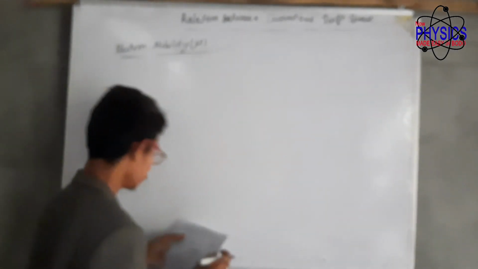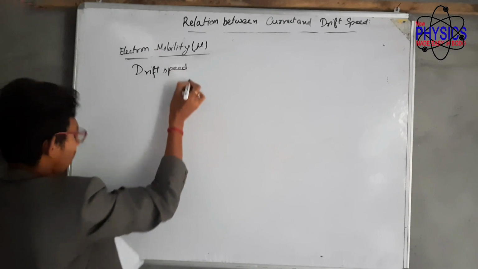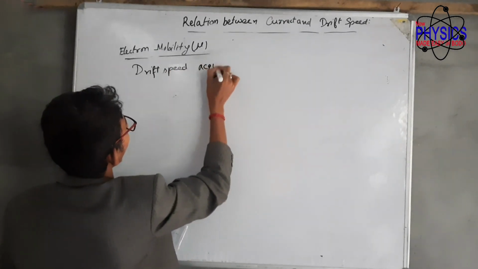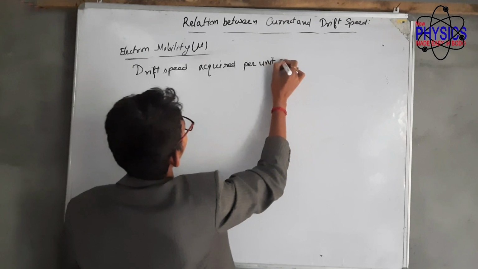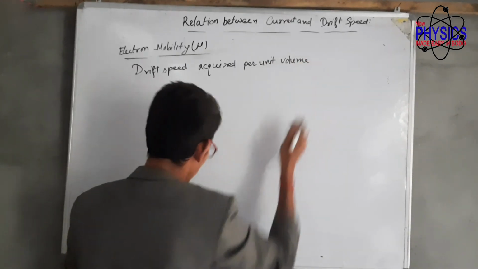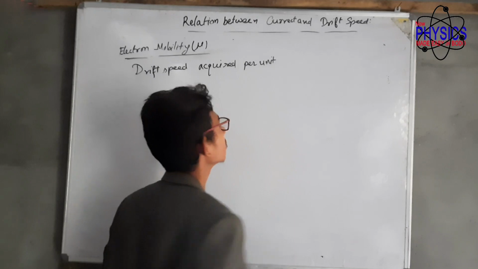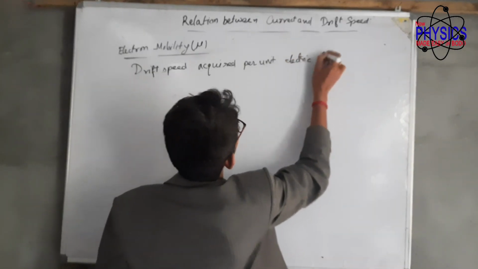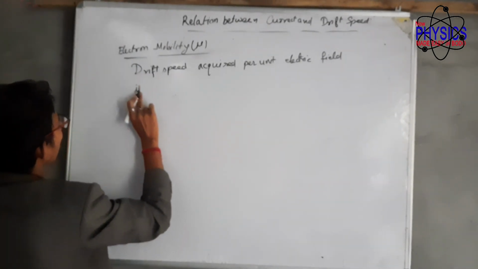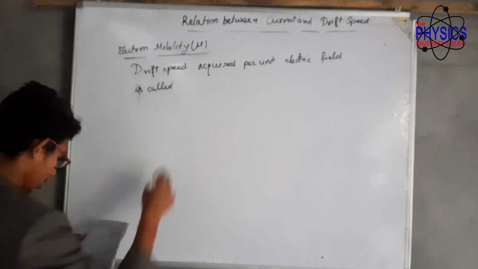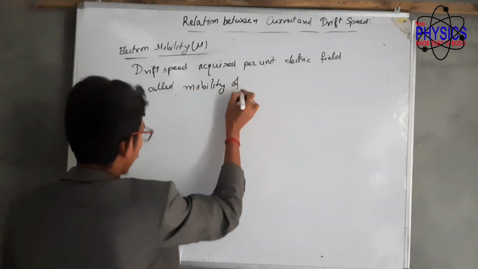So the right definition: drift speed per unit electric field is called the mobility of free electrons.